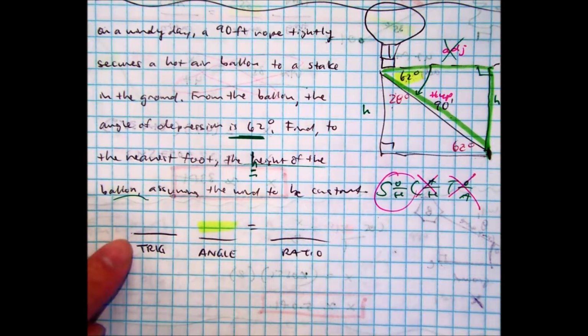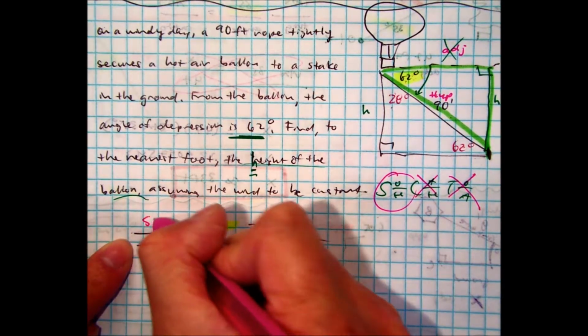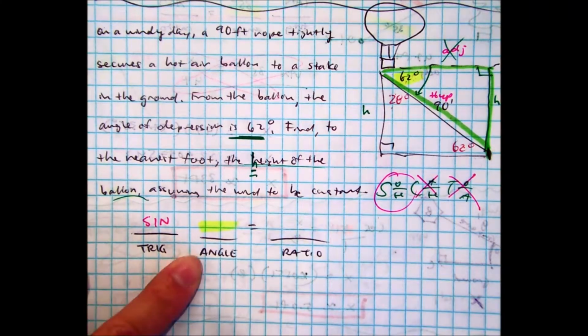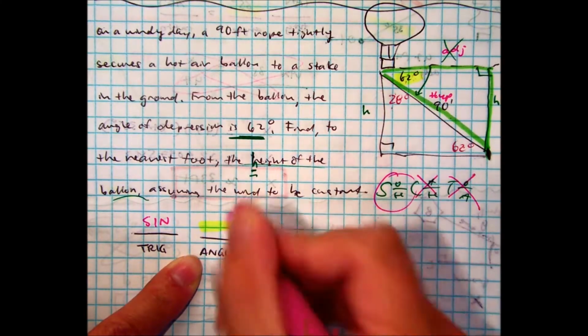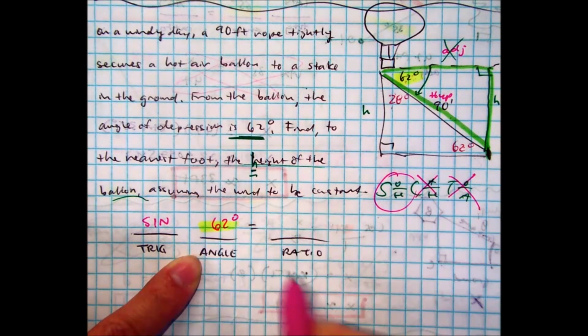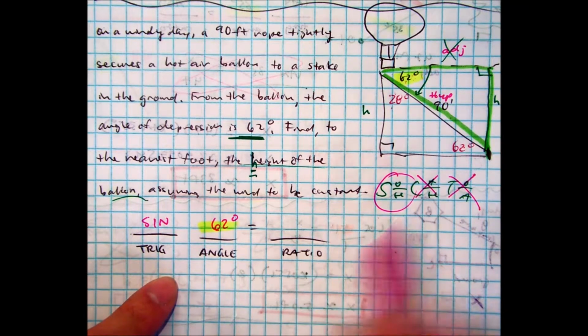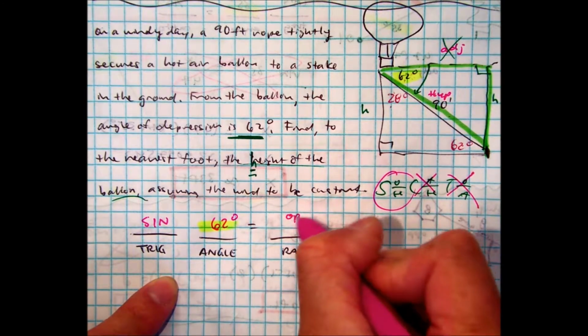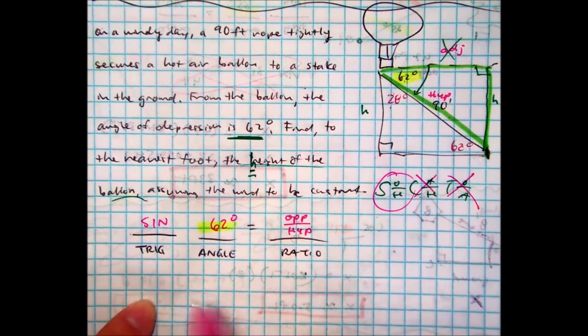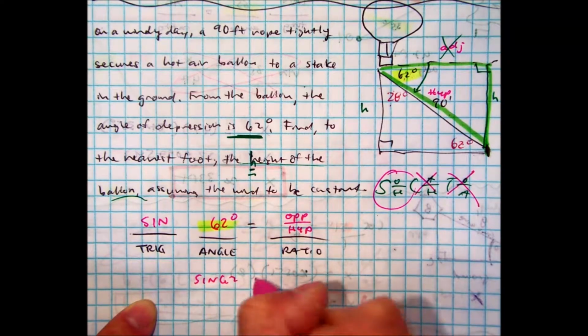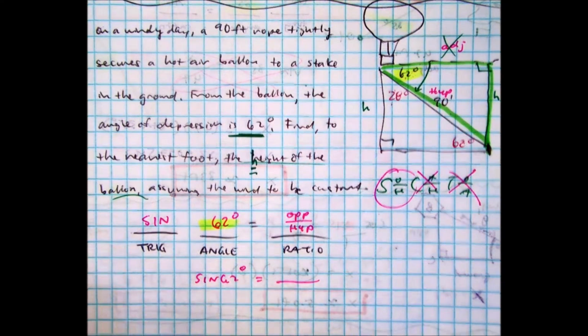So class, which trig function are we using? What's our angle? 62 degrees. And the ratio is the fraction. Which two sides? Opposite over the hypotenuse. So I have sine of 62 equals, go ahead and do a substitution.